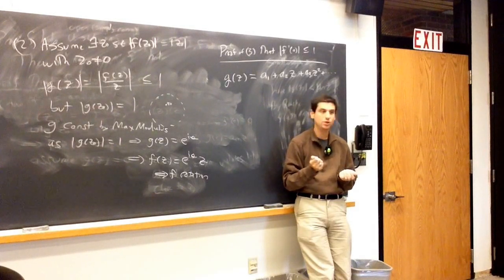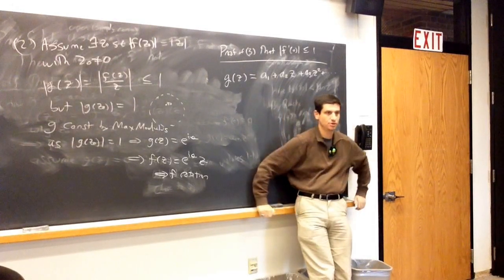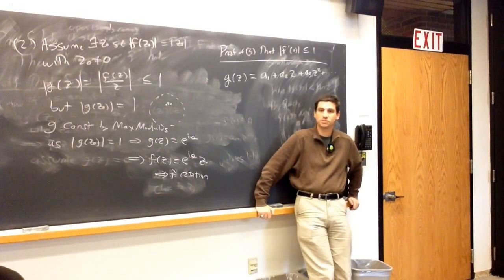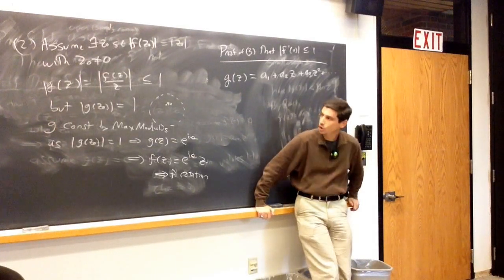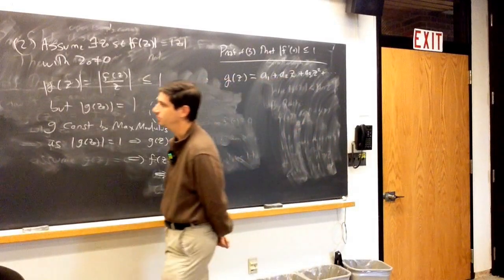We could take it to be 2015 times z, and just compactify the circle. We could do that. So we don't necessarily know anything directly about A1. All we have is an open map from disk to disk.